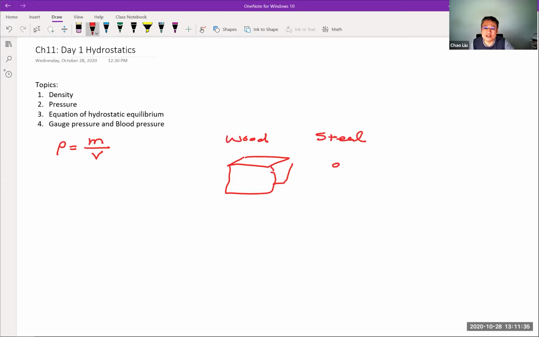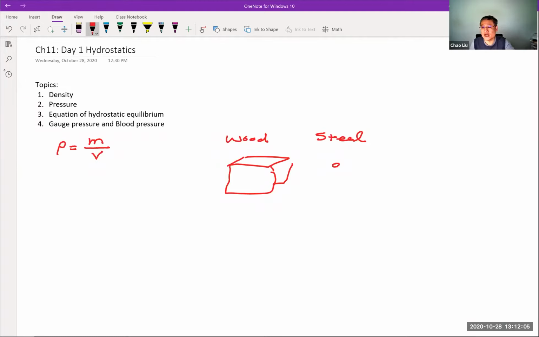If I didn't tell you the size, you cannot simply say which one is heavier. Unless I say these two are the same size, then you can be sure that steel is going to be the heavier object. That's the reason why we want to talk about the density, because the density is a better property to characterize or to distinguish two different materials.